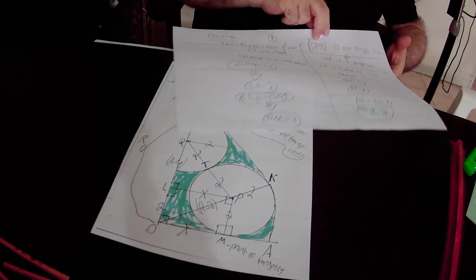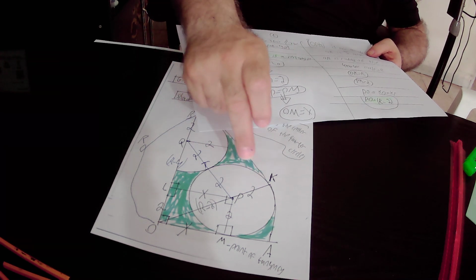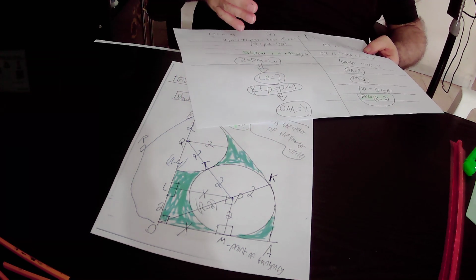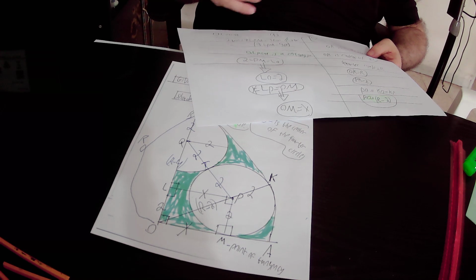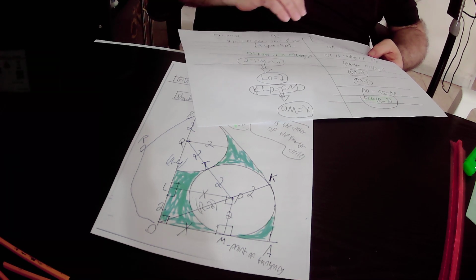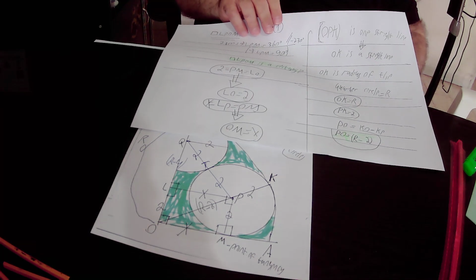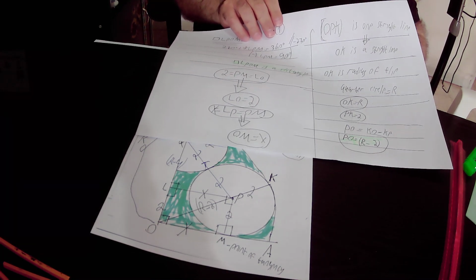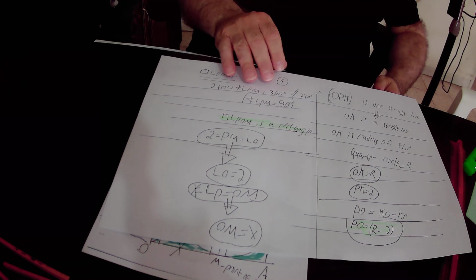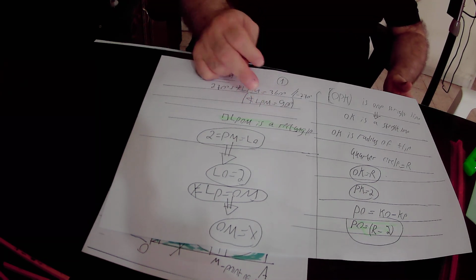So it is a right angle. Therefore, in quadrilateral LPOM we have 4 right angles, and any quadrilateral with 4 right angles must be at least a rectangle, if not a square. So we treat quadrilateral LPOM as a rectangle.